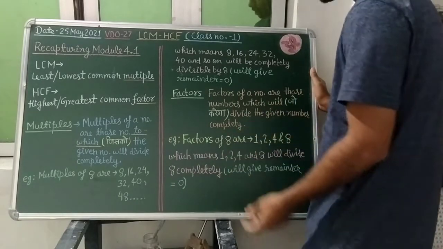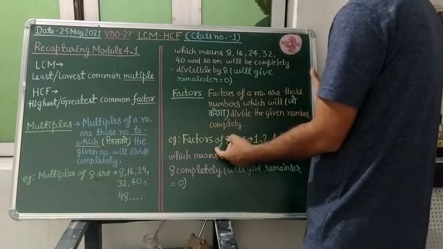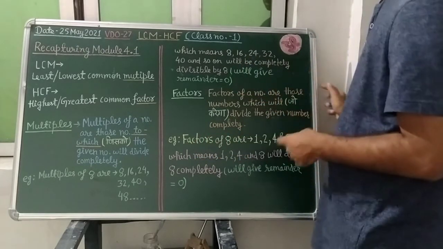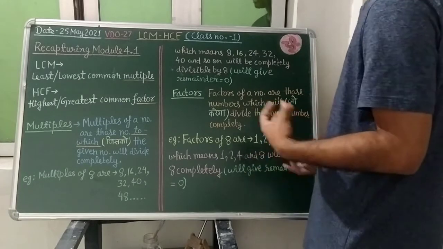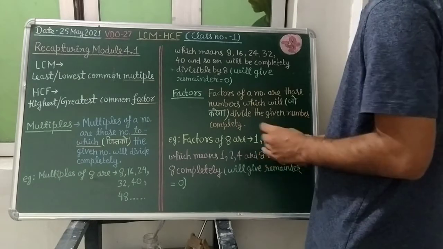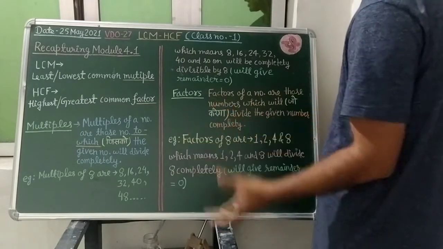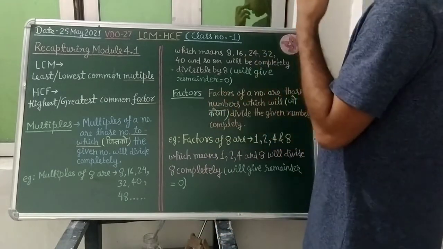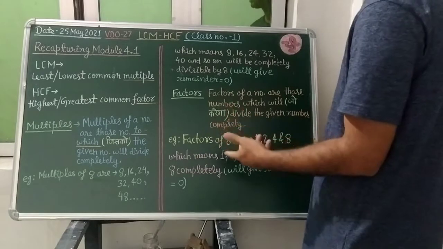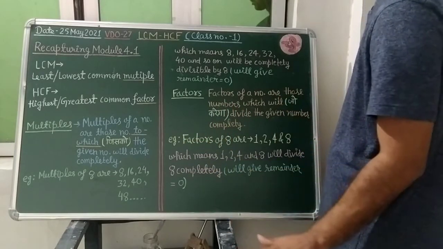So if we are talking about the factors of 8, considering the example, how can we write the factors of 8? In an earlier class I told you how you can write down the factors by the area model. I told you to consider 10 dots and find that 2, 5, 1 and 10 are the factors of that.